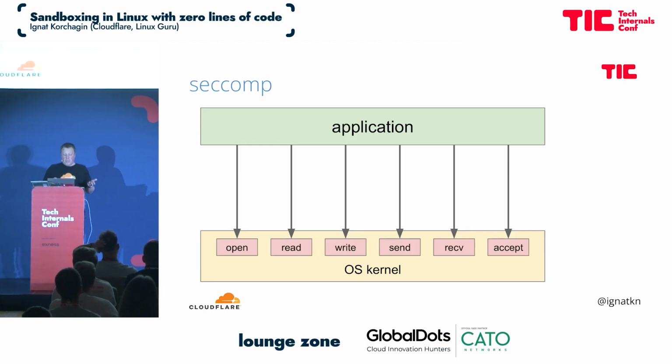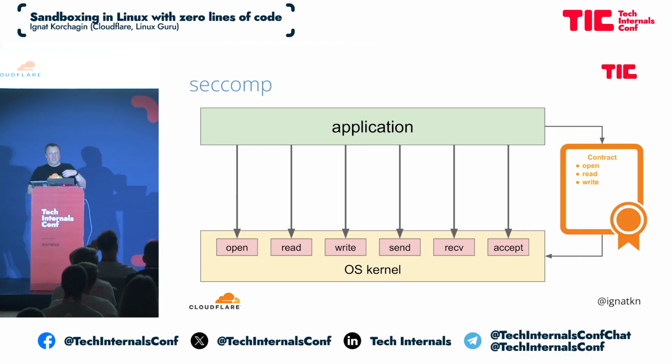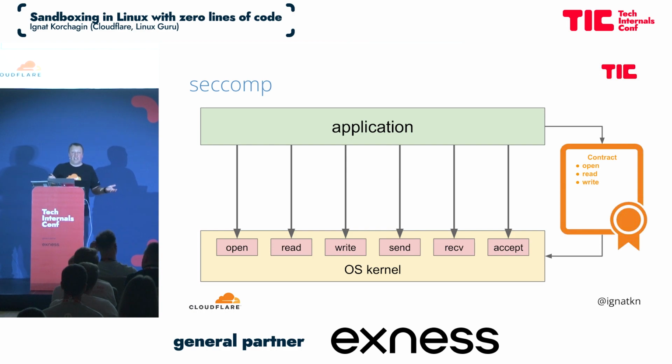So again, going back to this picture, where does seccomp come into play? Seccomp allows the application to establish some sort of contract with the kernel. By default, the kernel has no idea what your workload does, but seccomp can provide this contextual information.